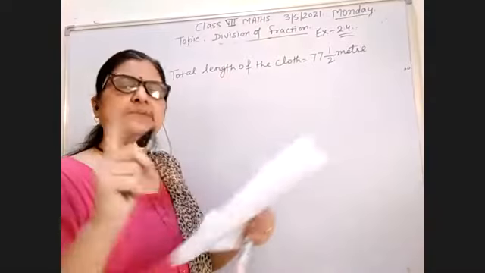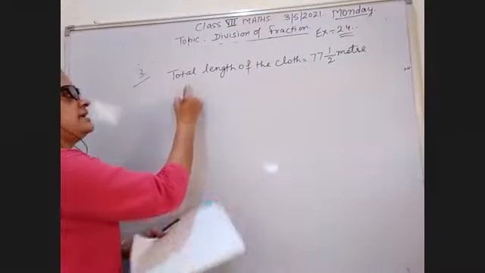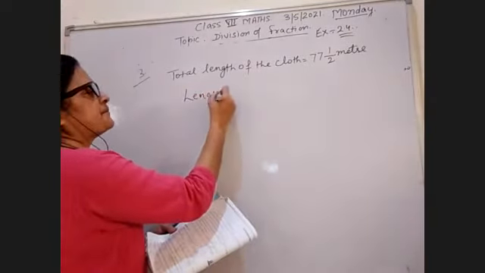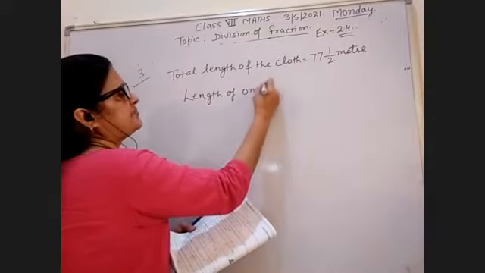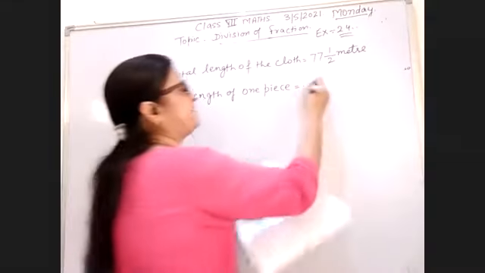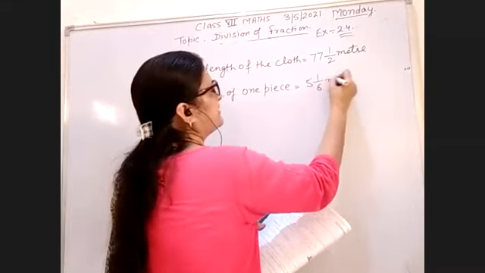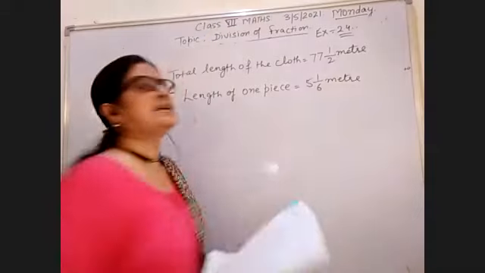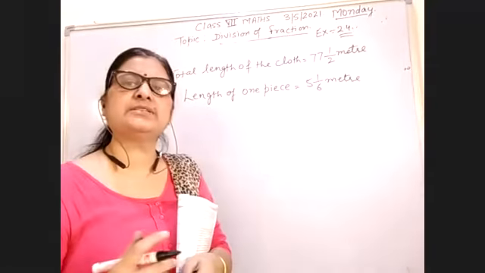The length of one piece is given, 5 1/6 meter. Now both numbers are given as mixed fractions.